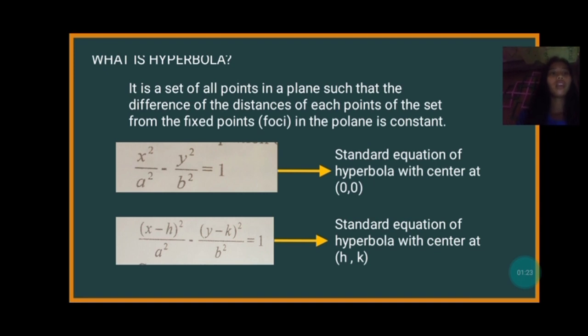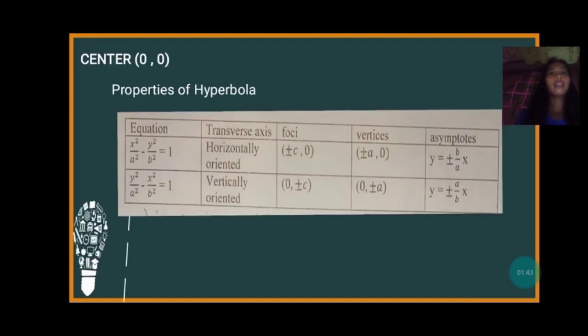Then the standard equation of a hyperbola with center at (h, k) is the quantity of x minus h squared over a squared minus the quantity of y minus k squared over b squared equals 1.